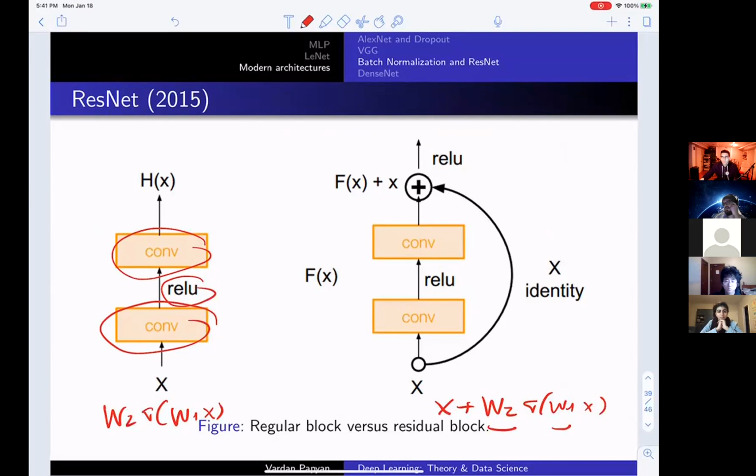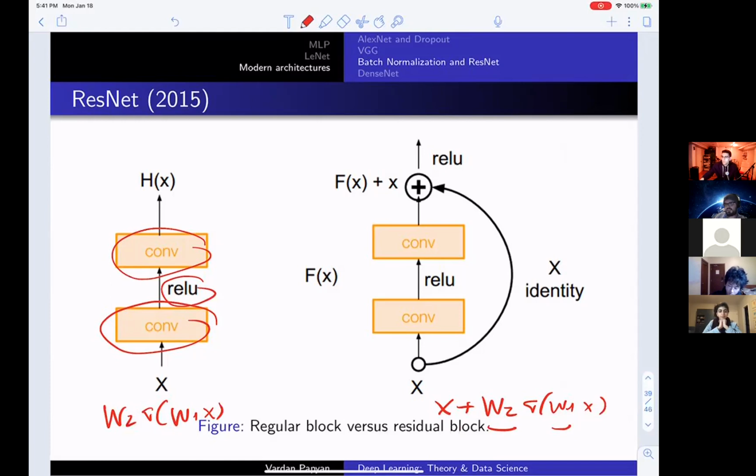On the right, the weights have to learn a different mapping, because you don't have to represent X in the output. You only have to represent the difference from X, so to speak, only the discrepancy from X. If this intuition doesn't make sense, then just ignore it and think of it as a trick that was found to be beneficial for some reason, because it empirically worked.